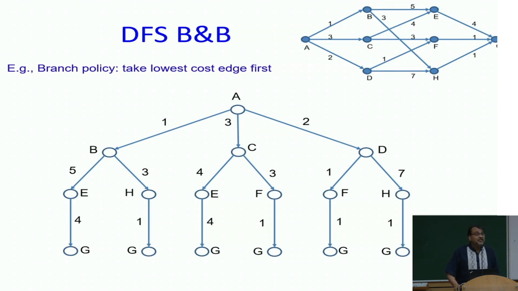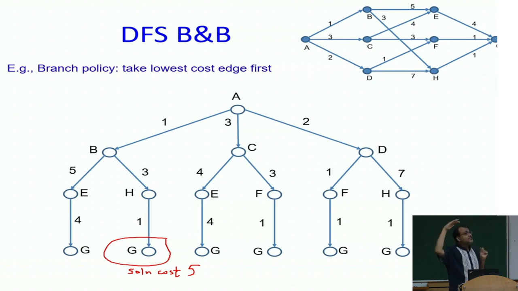Is this optimal path? No reason for it to be optimal. Why? Because our branching strategy is heuristic. But as soon as I find a path to a goal, I can look at the cost. The cost here is 5, and I can update my upper bound. Now, initially I thought my cost to the goal is less than equal to infinity.